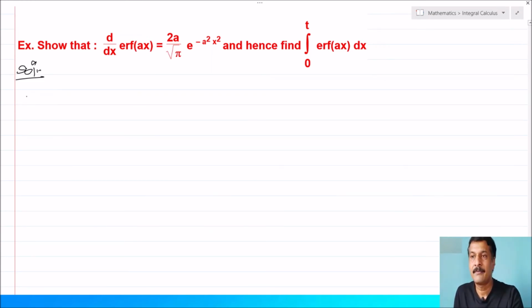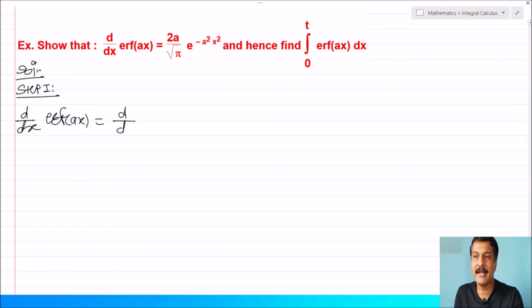So the first part I can consider as step number 1. d by dx of error function of ax equal to d by dx of, by the definition, error function of ax is 2 by root pi integration 0 to ax e raised to minus t square dt.